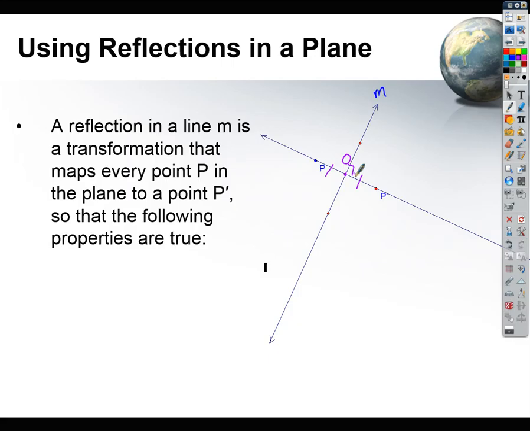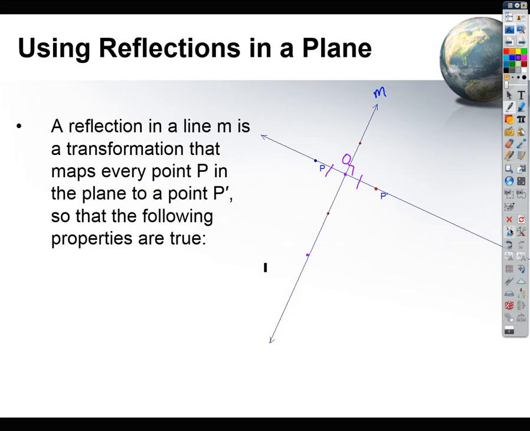But you're right, if we did pick a point on line M, then P and P prime would have to be equidistant from it. And that's the case because line M is a what of segment P P prime? Perpendicular bisector, right? Okay, does that make sense? Okay, so you got them.